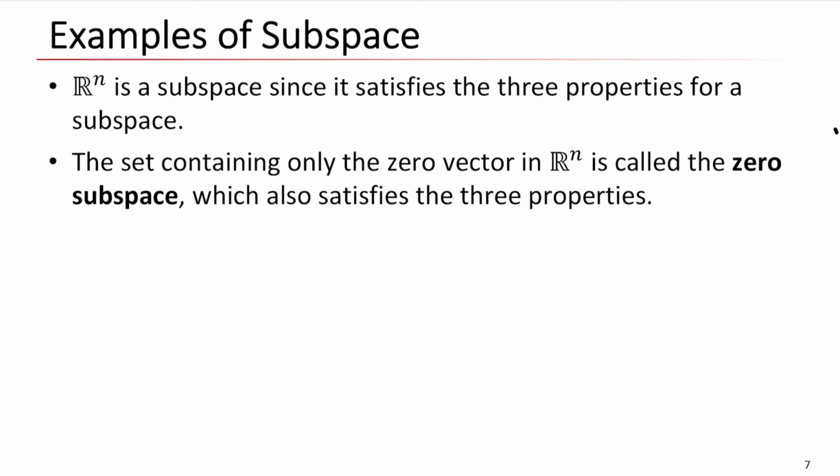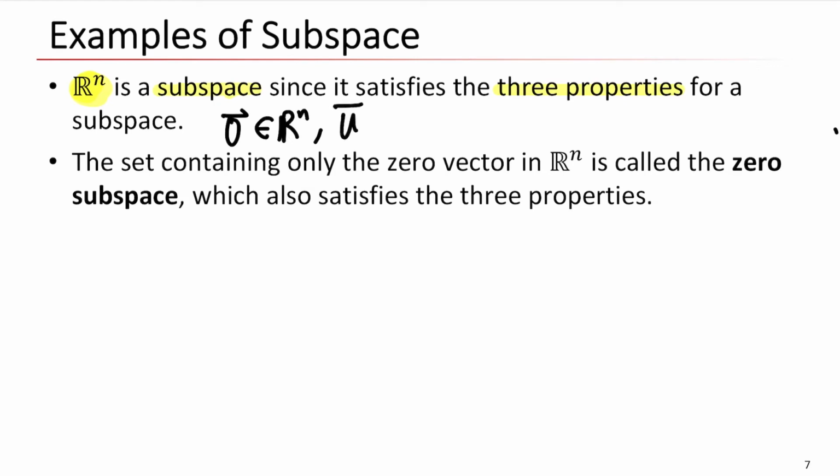Another example here, the Rn space itself. Rn space is also a subspace. Why? Because it satisfies the three properties. The zero vector is in the Rn space, right?